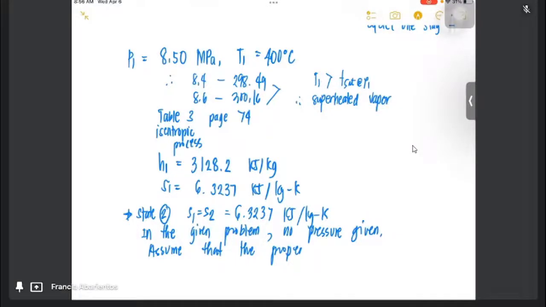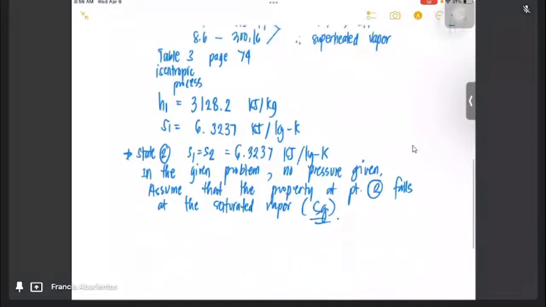The property at point 2 is not superheated, it is saturated vapor. So, anong kukunin natin? The SG. So, punta tayo class sa table 2, sa saturation pressure.